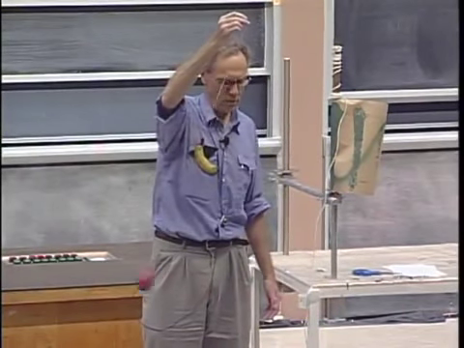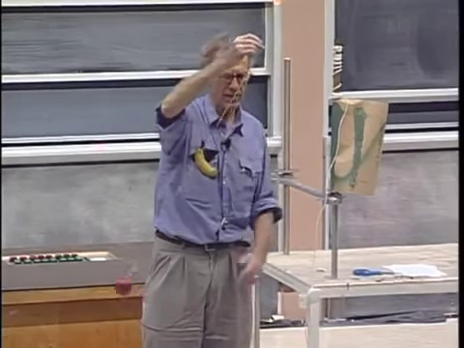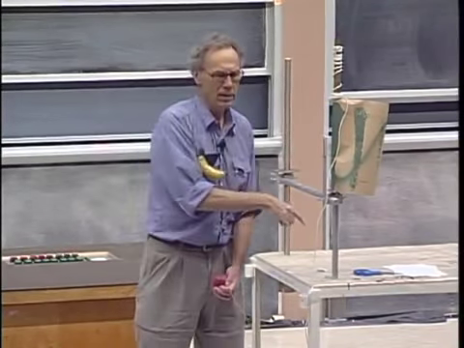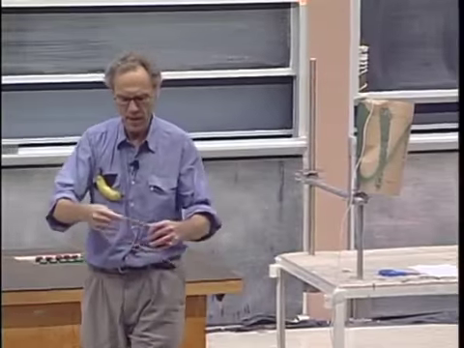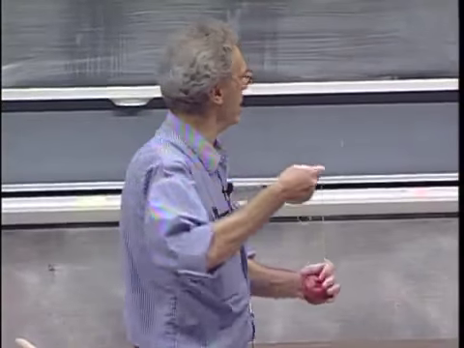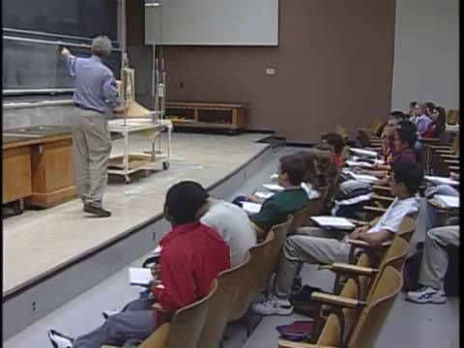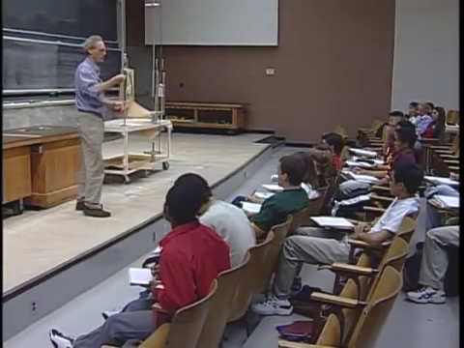1, 2, 3, 4, 5, 6. So to go from here to here is about 1 second. If I make it 4 times shorter, L 4 times shorter, the square root of 4 is 2, then the period is changing. 4 times shorter, the period must be 2 times shorter.